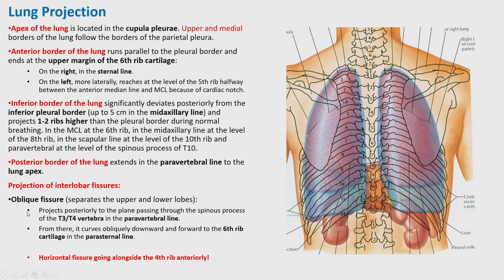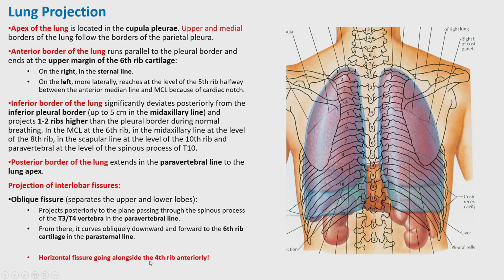Then it is very important to recognize the oblique fissure that you have in both lungs, and the horizontal fissure. The horizontal fissure is a very important landmark that in the next slide I will show you. It's the fissure that you have only in the right lung, and it passes alongside rib number 4.